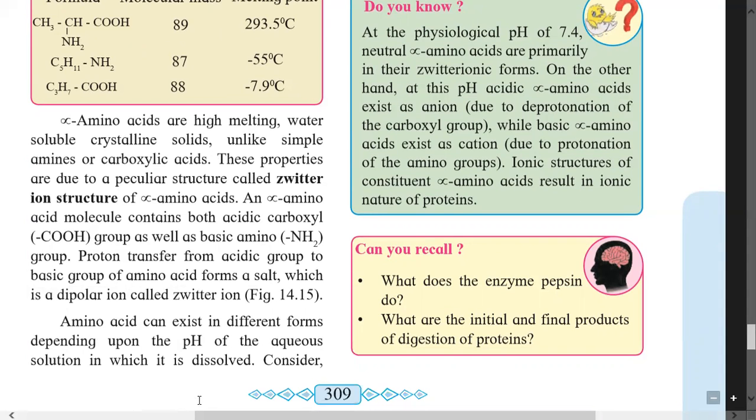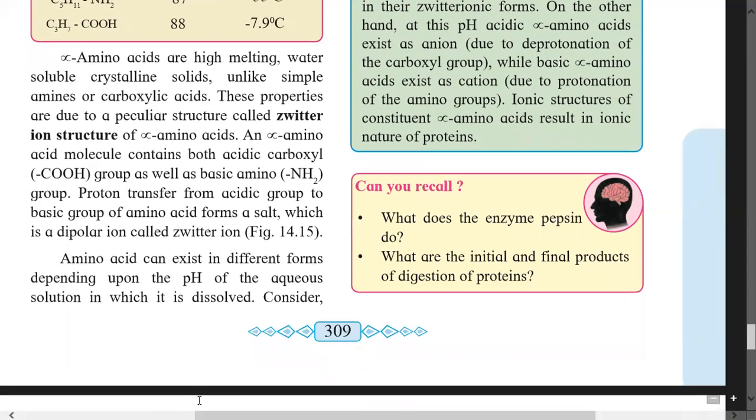The alpha amino acid molecule contains both an acidic group, the COOH carboxylic group, and a basic group, the NH2 group. The proton transfer takes place from the COOH group, that is the acidic group, to the amino group and forms a salt which is a dipolar ion called a Zwitter ion.